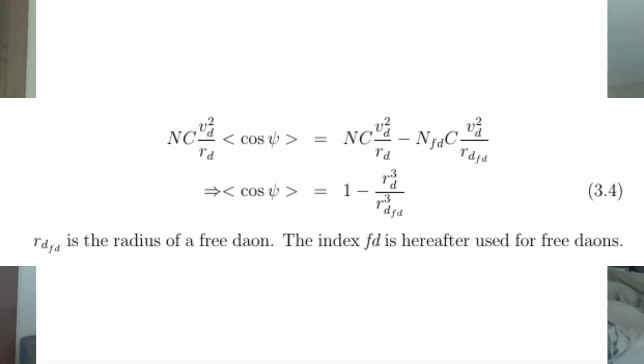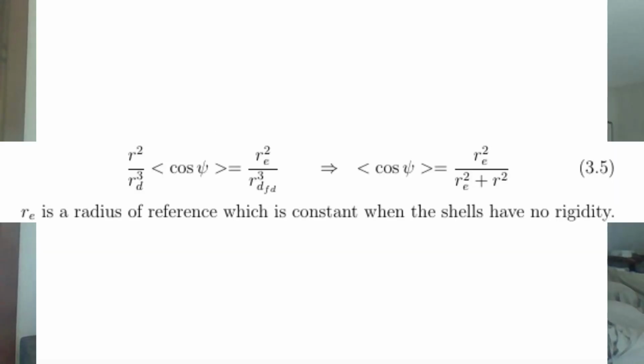This means that on a sphere you can put perfectly ordered daons minus the free daons on the same sphere. And since the free daons are much more numerous than the ordered daons, this free daon interaction penetrates the electron completely, and you get this kind of equation. And you have then an equation for the mean cosine psi of the interaction in this way.